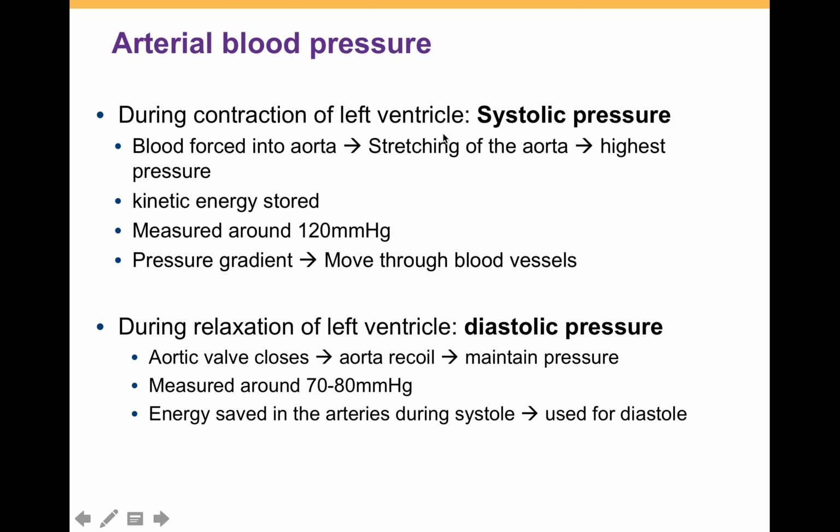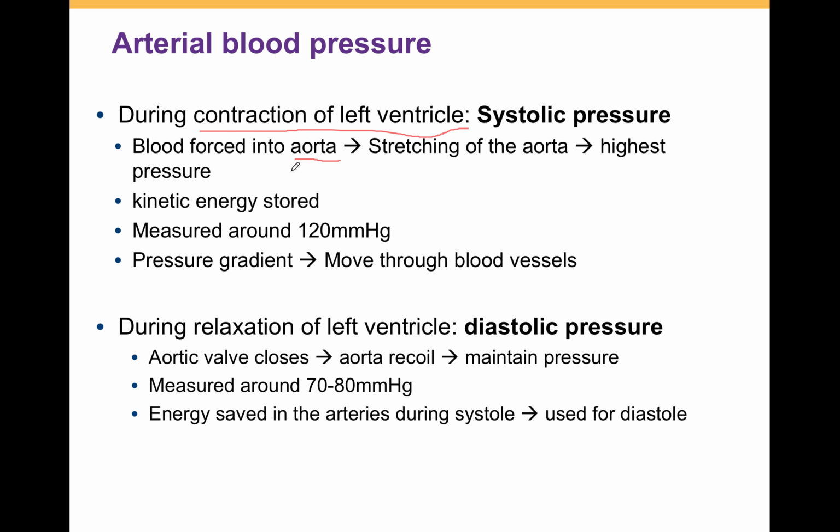Now, this type of pressure, when the ventricle is going to contract, so the keyword here is contraction of the left ventricle, it's going to create a significant pressure on which blood vessel? Aorta, which is the largest elastic artery we have in our body, and it starts from the left ventricle.